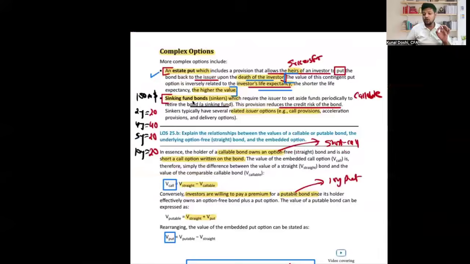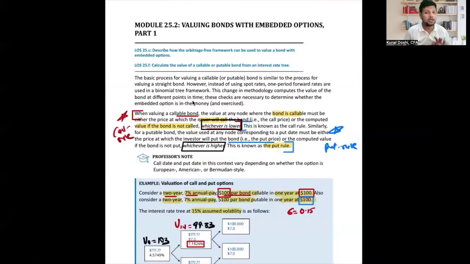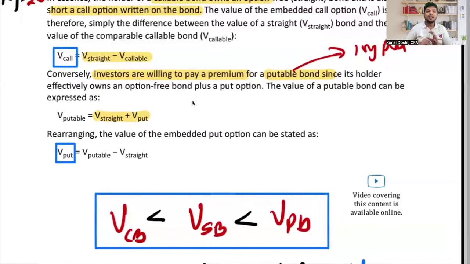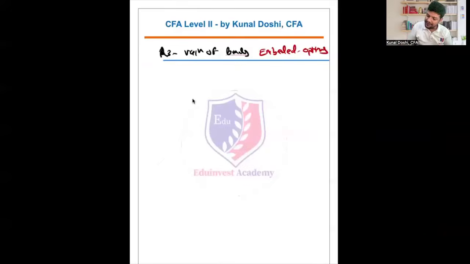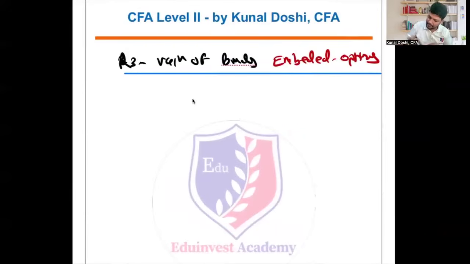Now the focus is going to be on callable and putable bonds. A callable bond is good from the point of view of the issuer, not the investor, and a putable bond is good from the point of view of the investor because they can sell the bond and get the par value. When we compare all three bonds, whose valuation is always higher? The value of a callable bond is relatively lower.